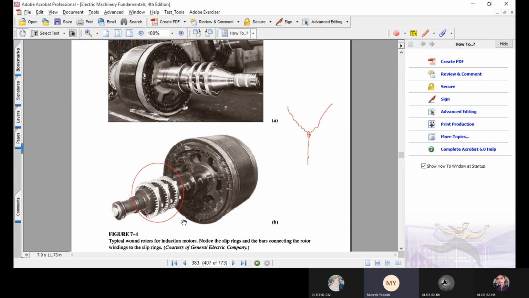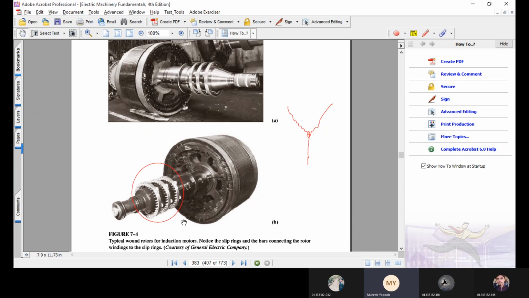In this way they made it possible that the rotor is rotating, and basically the rotor starts rotating.